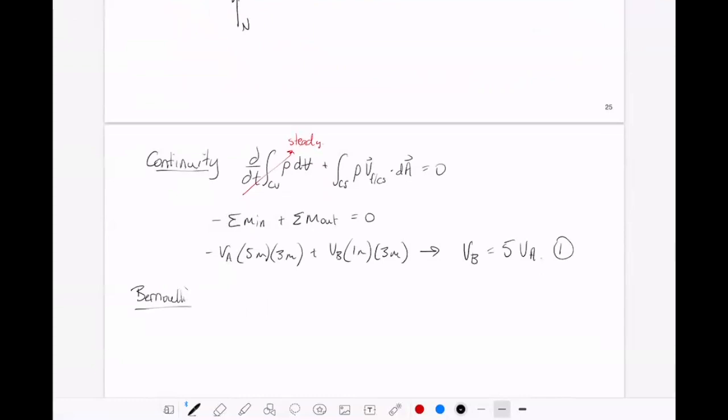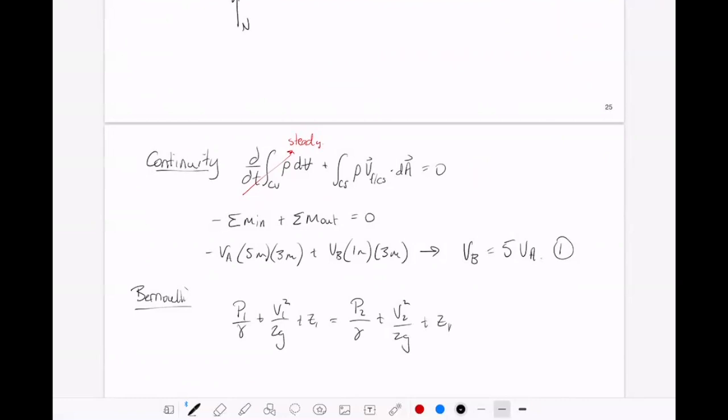Let's use Bernoulli next. Find another relationship between the velocities, which uses the pressures between the two and relates them that way. P1 over gamma plus V1 squared over 2g plus Z1 is equal to P2 over gamma plus V2 squared over 2g.